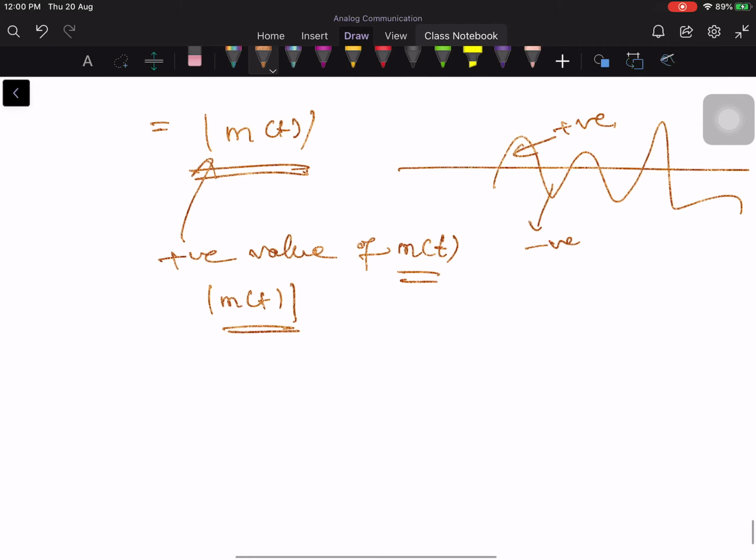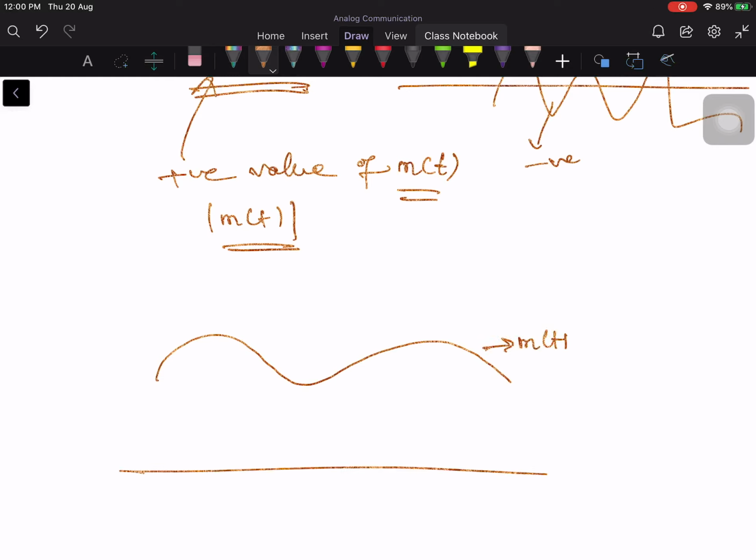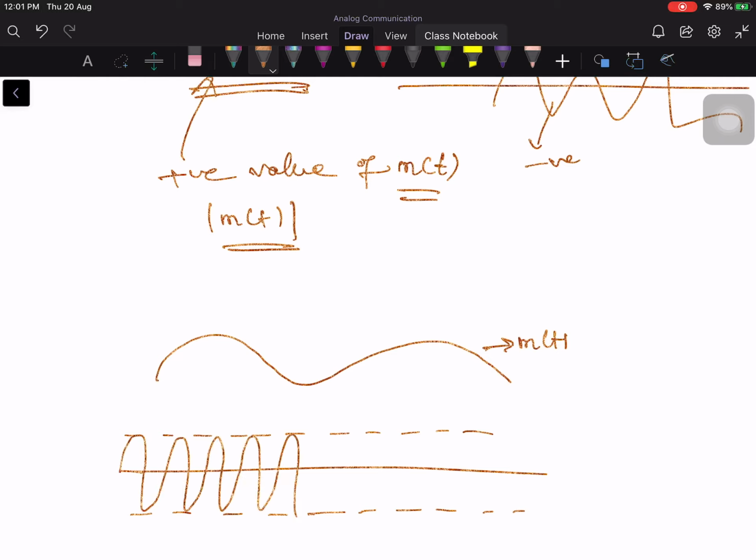For example, the original signal was like this, slowly varying signal. This is my m of t. Now, this is my carrier, and the carrier is oscillating like this with a certain frequency omega naught.